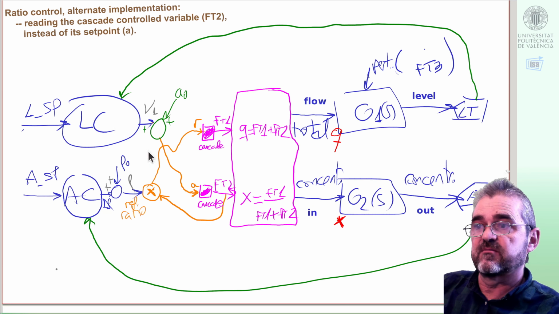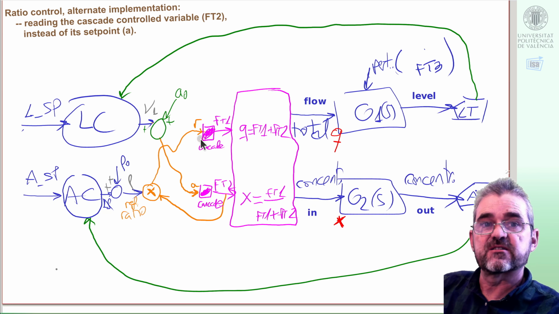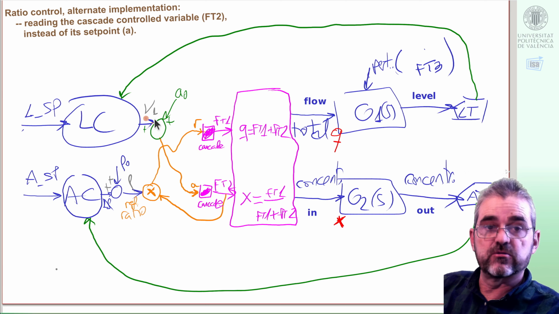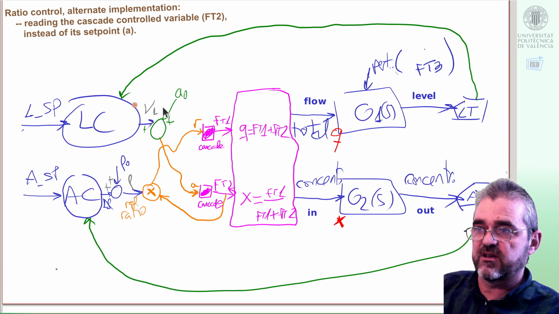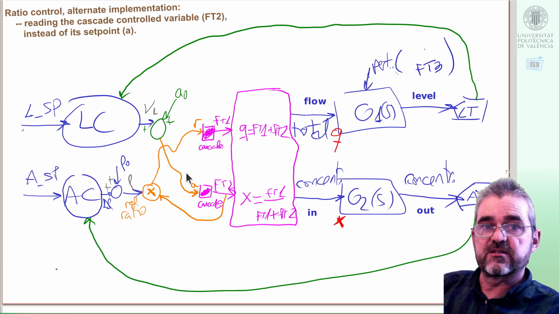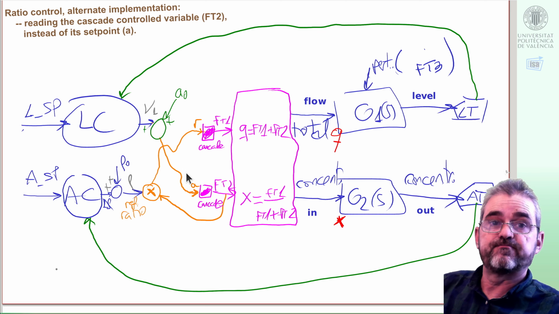On the other hand, this cascade dynamics somehow lags FT2, so this will work only if the cascade valve dynamics is very fast compared to the level control dynamics and the associated water flow command. But under these considerations, this will be our proposal for ratio control.